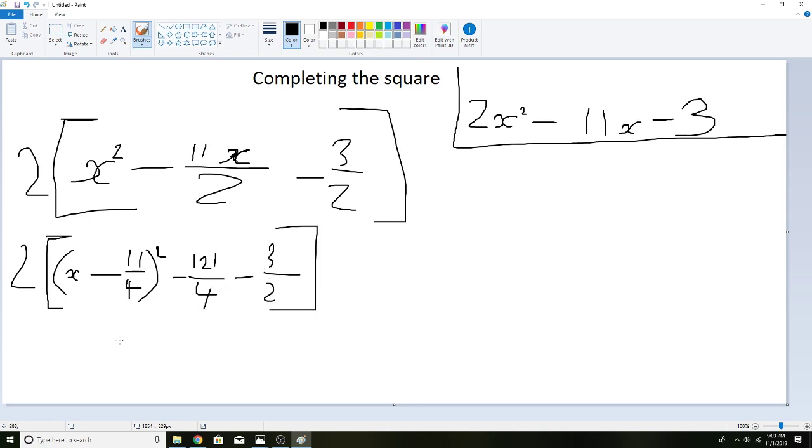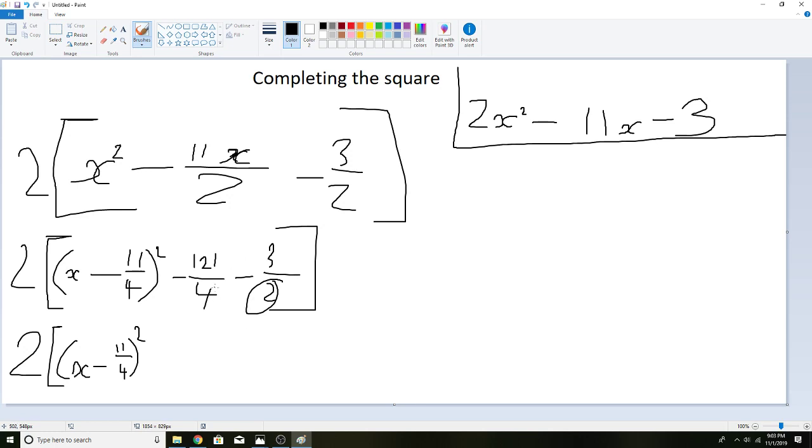There we go. Now we have to rearrange it and simplify it a bit. We'll simplify it inside the big bracket first. 11 over 4 squared, so minus 121 over 4 minus 3 over 2. So for minus 3 over 2, as the denominator is 4, you just multiply it by 2, so it'd be minus 6 over 4.